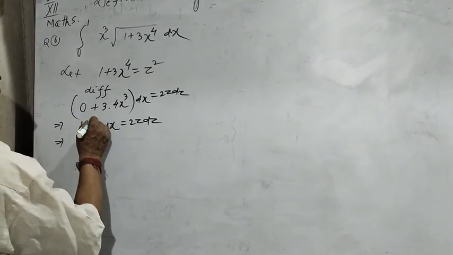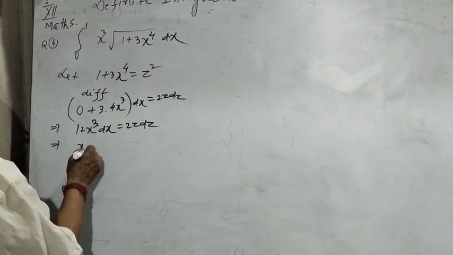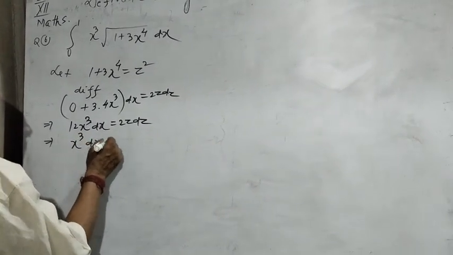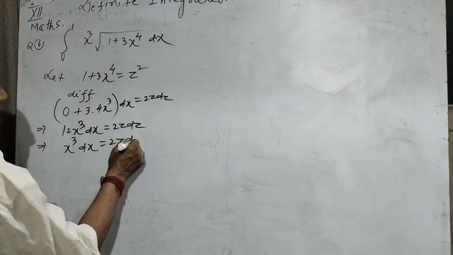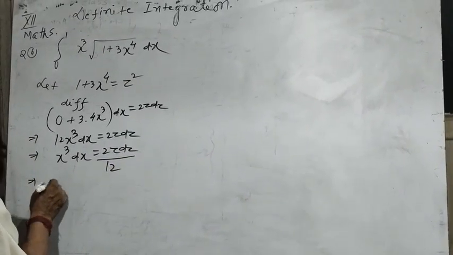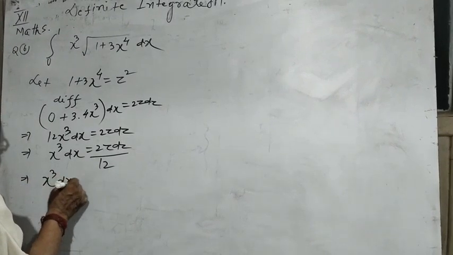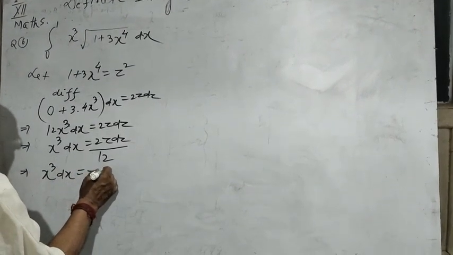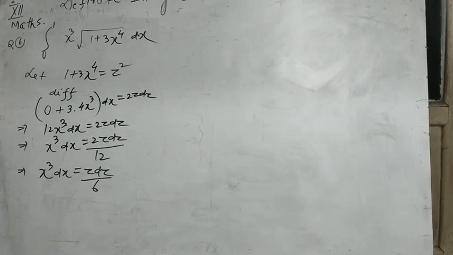Now x cube dx is equal to 2z dz divided by 12. Therefore, we get finally x cube dx is equal to z dz by 6.